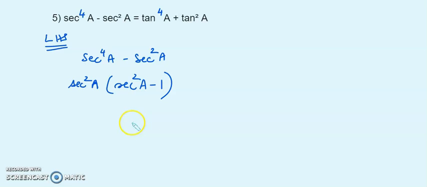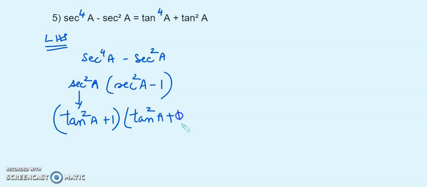And sec square A minus 1. We have to apply both the identities. Sec square A is tan square A plus 1. Right? Again, for this one, I'm going to put tan square A plus 1. So wherever I'm having sec square A, I'm putting tan square A plus 1. Right? Clear?